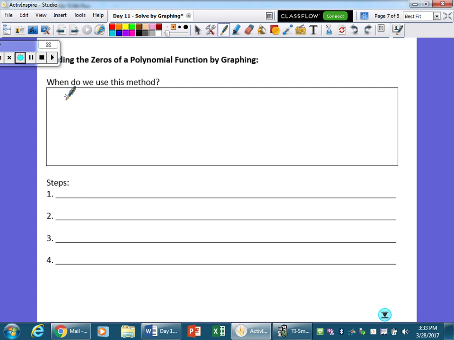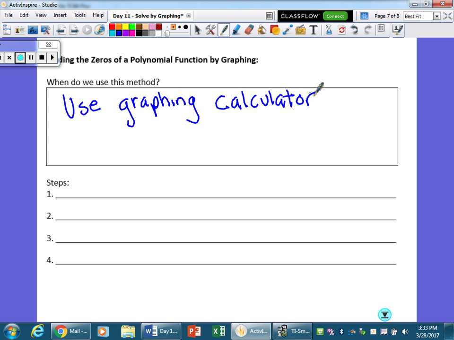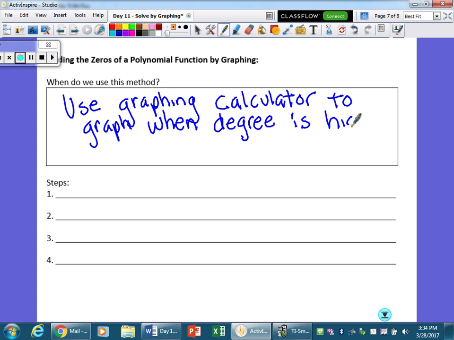So you use the graphing calculator to graph when the degree is 3 or higher.